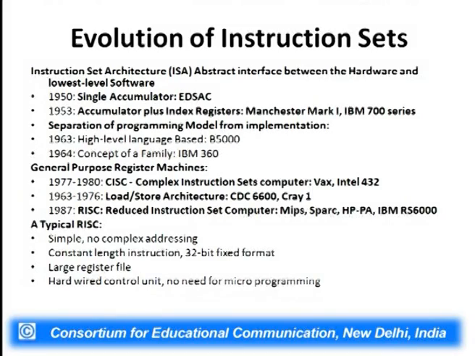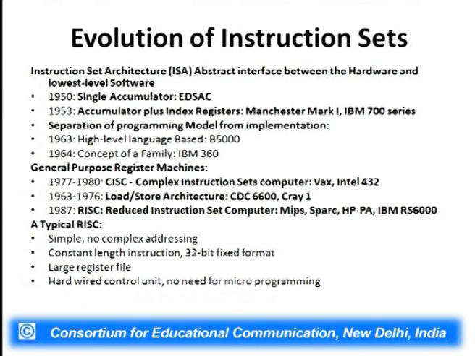Now, looking at the evolution of the instruction set architecture, or ISA, the abstract interface between the hardware and the lowest level software has undergone a wide variety of evolution over the past few decades. The 1950s marked the single accumulator EDSAC instruction set.